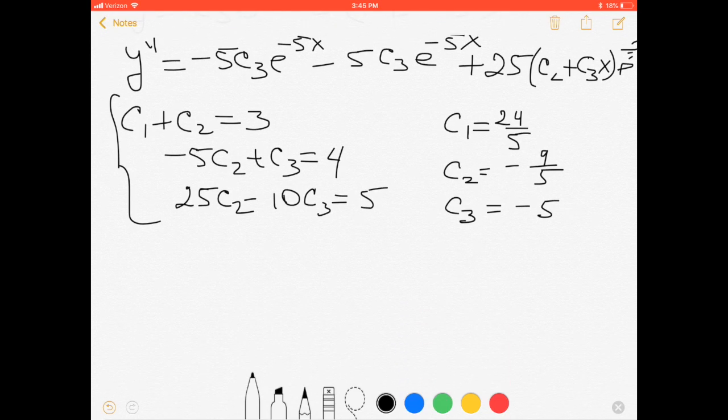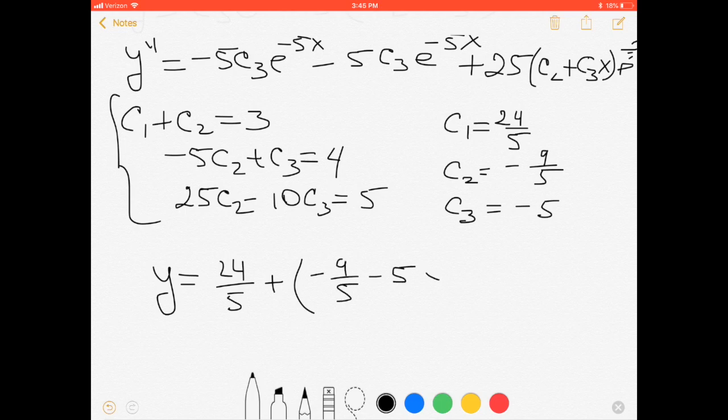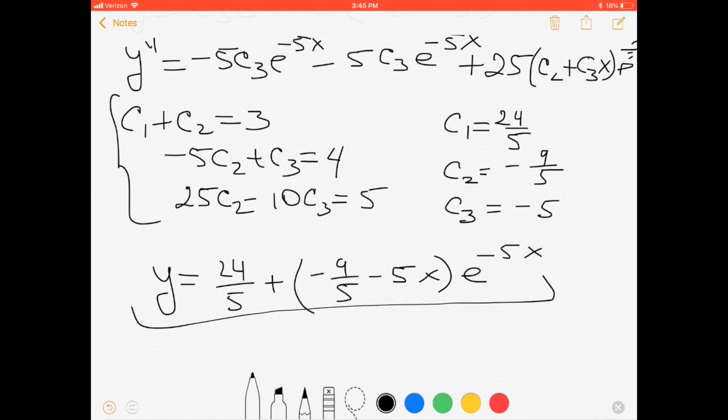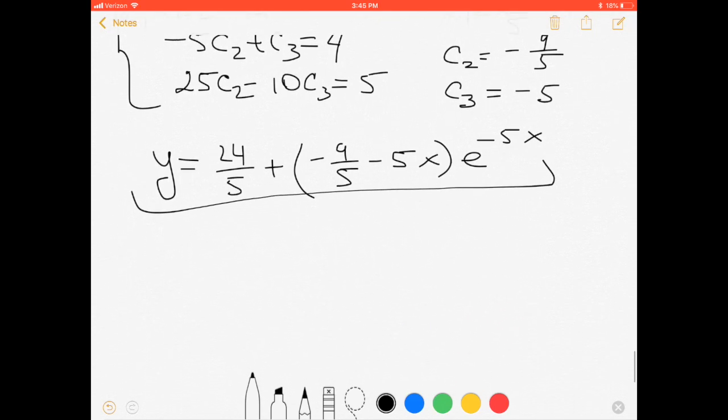This means our solution will be 24 over 5 plus negative 9/5 minus 5x, times e to the negative 5x power. This is our final answer.